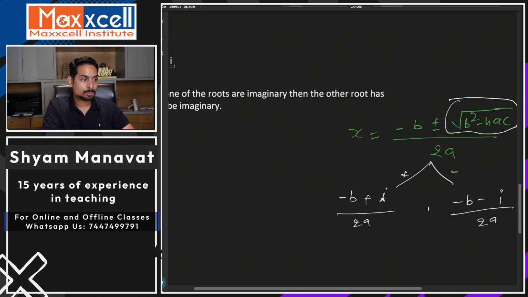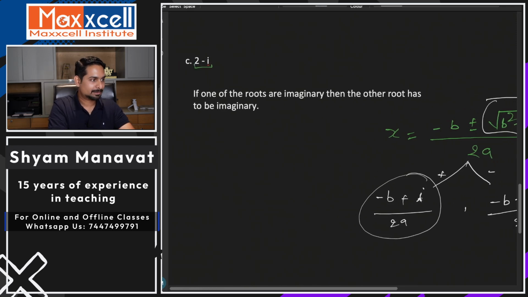Are you getting it? So if you know that one of the roots is imaginary, the second root has to be imaginary too. That's the surprise element. So keep in mind, if one root is imaginary, given as 2 minus i, the second root will, no doubt, be 2 plus i.